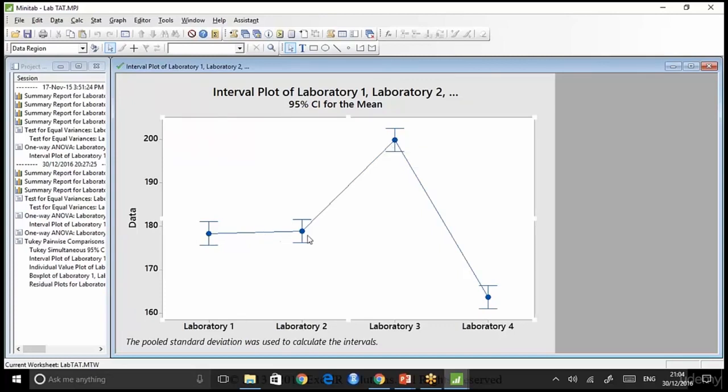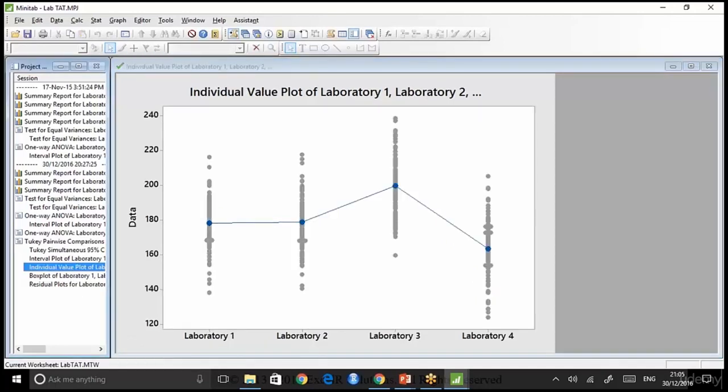And if you look at lab 1 and lab 2, the confidence interval for lab 1 and 2 is almost overlapping, meaning these two are the same. And when you look at the 95% confidence interval for laboratory 3, it's the highest. So the turnaround time is very high. And the turnaround time for laboratory 4 is very low, by looking at the interval plot.